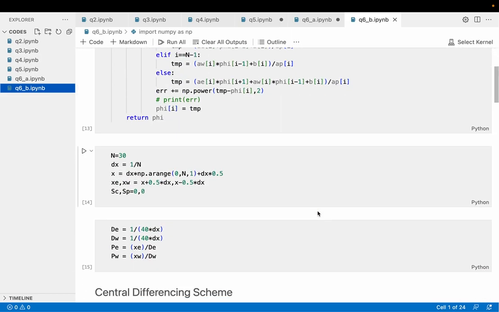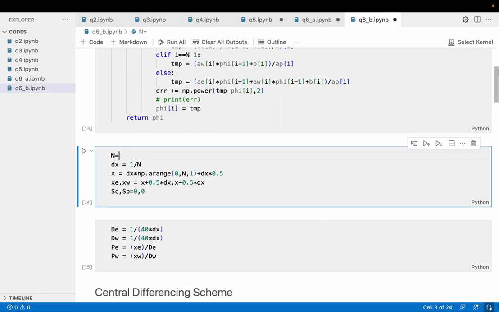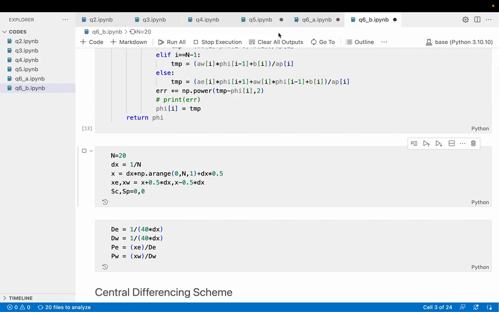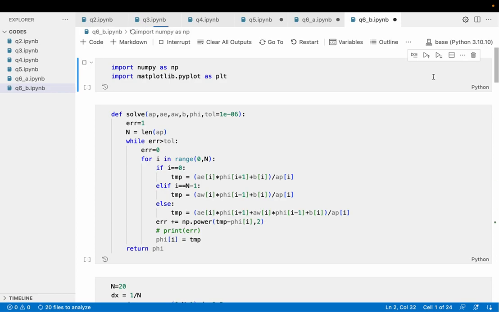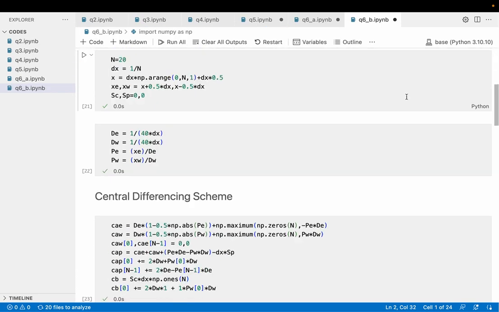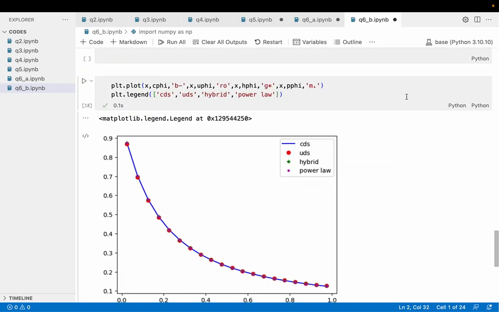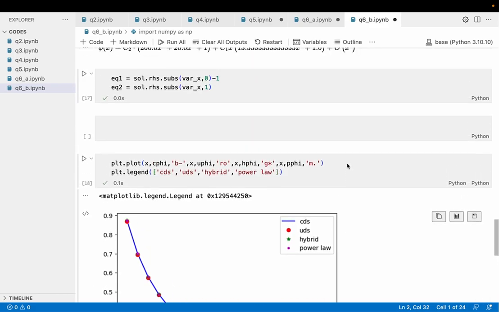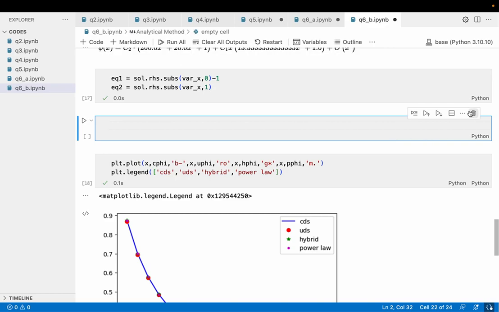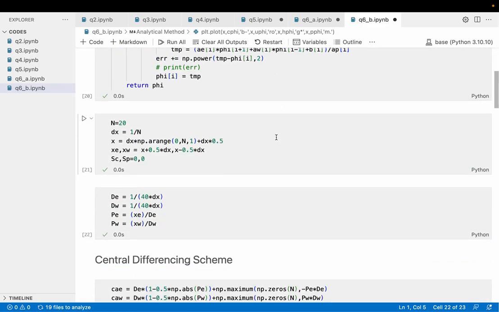This is only for very high values. So if I decrease this value, decrease the number of cells, okay, the sharp turn is coming after this, so it is not captured by that. So maybe we will decrease it further.